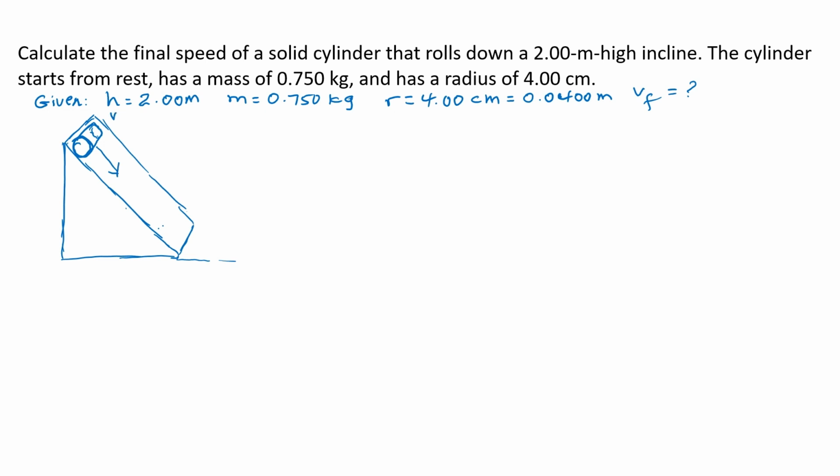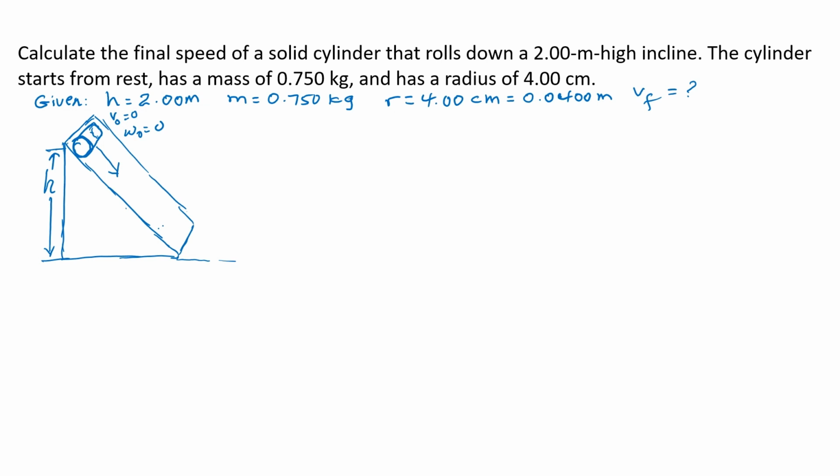Initially, its velocity is 0. So the only energy we have here is the potential energy because it's at height h. So if initial velocity is 0, that means angular velocity is 0 as well.